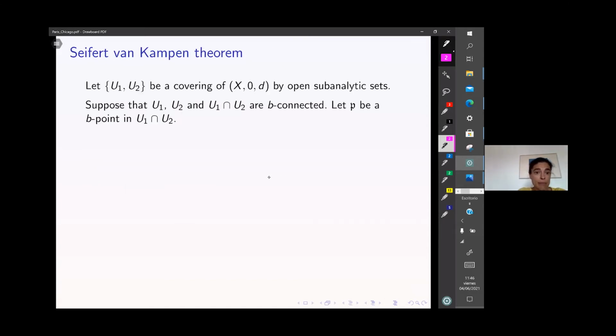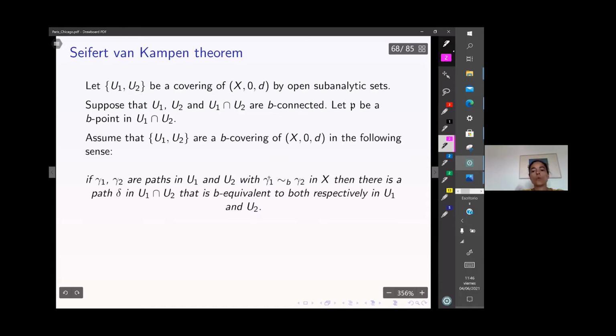For the Seifert-Van Kampen theorem, we need also to ask further properties of the covering. Okay, so we start with a covering by subanalytic germs, by subanalytic sets. We assume that U1, U2, and the intersection are connected. We choose a point in the intersection. And we have to ask the following.